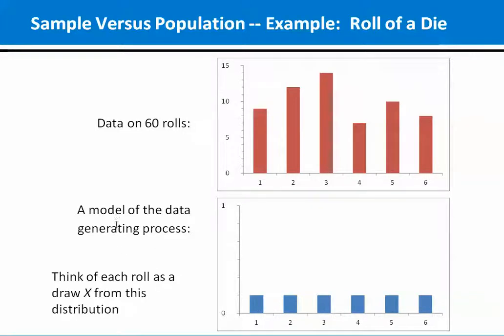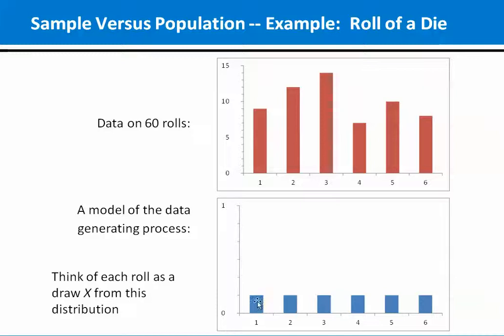It's better to think about it as the data generating process. This is a description of what happens every time you roll a die. So each time I roll a die, I'm drawing a random variable x from this distribution, and then my histogram just records the outcomes of repeated draws from that distribution.